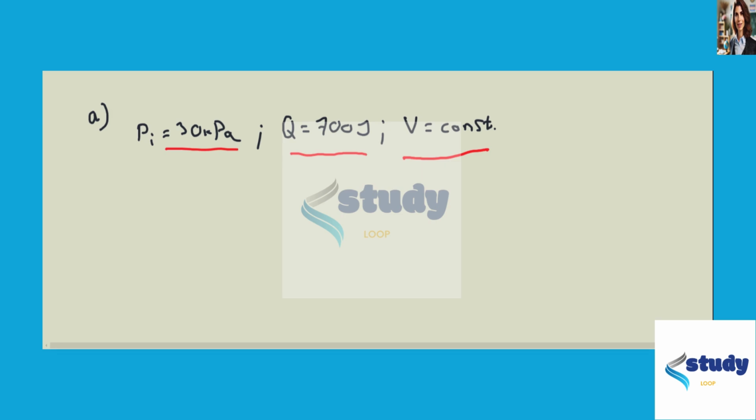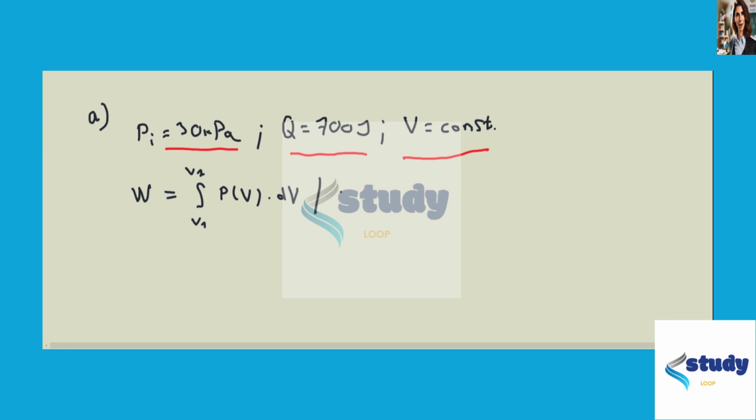And for part A of this problem, we need to solve for the work done in the process between points A and B on the figure. Since the volume is constant during the whole process, the work done is always zero, since from the definition of work, we know that it is an integration from V1 to V2 of P times the differential of the volume.